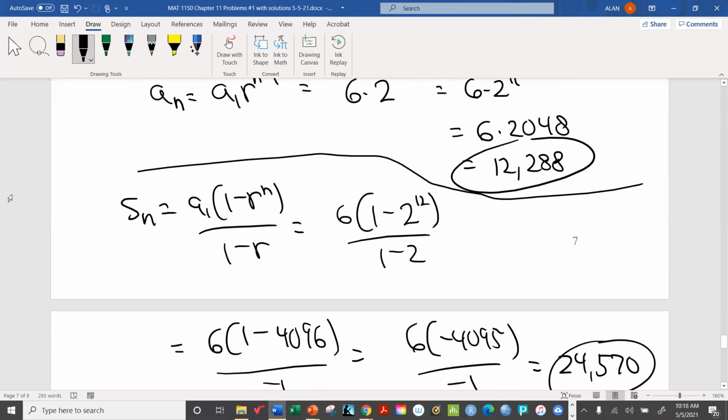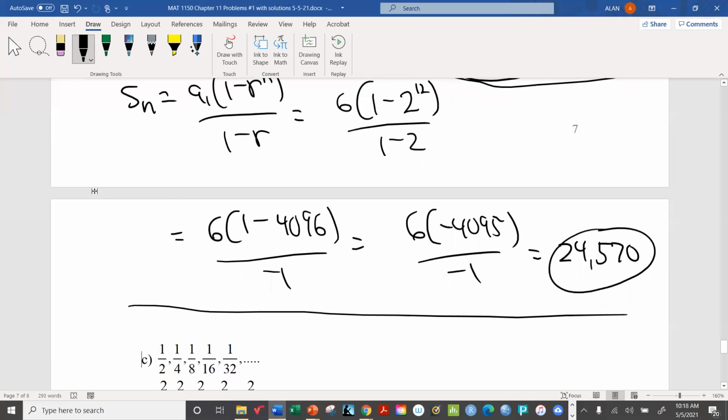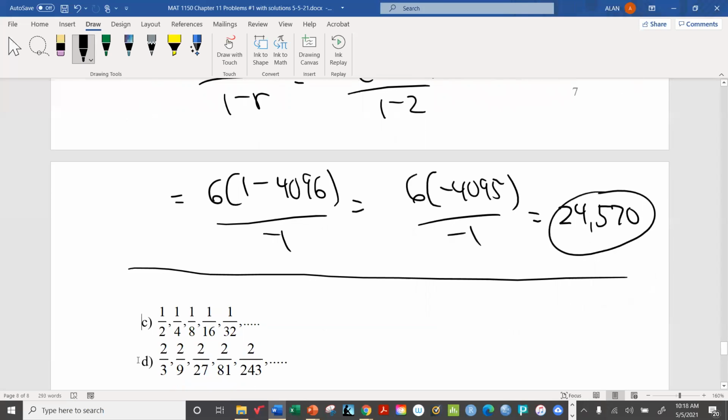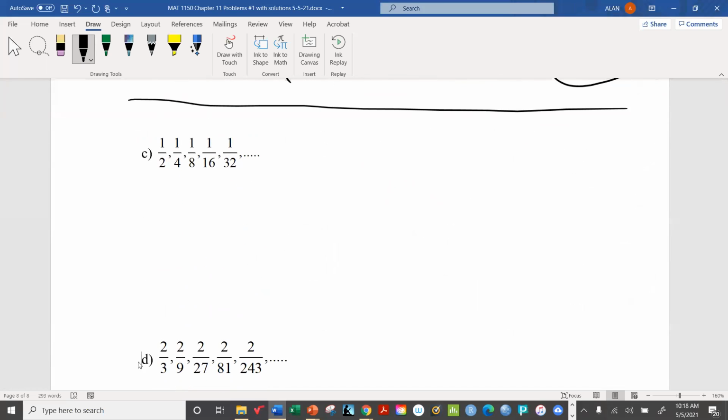The next one, well, maybe not so much. The next one involves fractions, unfortunately, and they're not ugly fractions, but they're still fractions. All right, so first things first, A1 is a half, and the common ratio is 1/2, because how do you get from one term to the next? You're multiplying the previous one by 1/2.